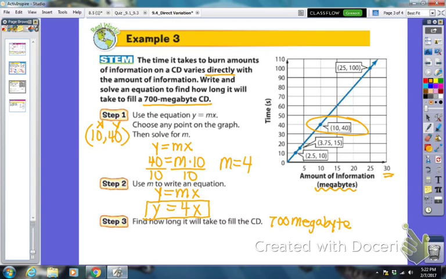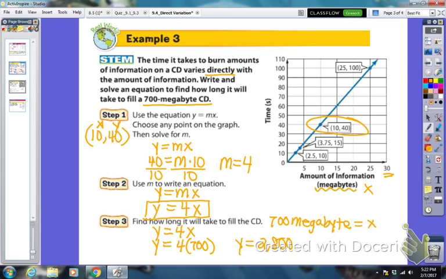So if we write an equation, we can ignore the graph and just use my equation to figure out any type of megabytes CD, how long it's going to take. So since my megabytes are down at the bottom, this represents the x value. So I'm going to replace, in my y equals 4x problem, that x with 700, which is y equals 2,800.